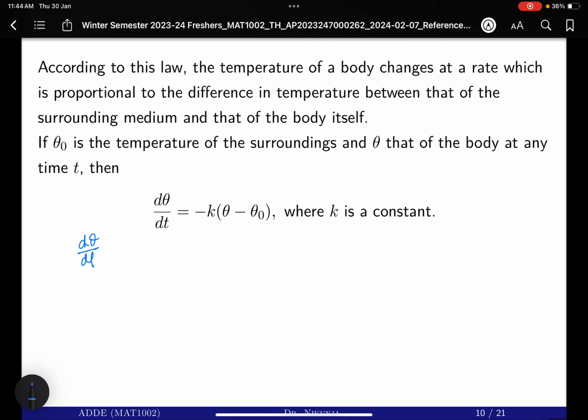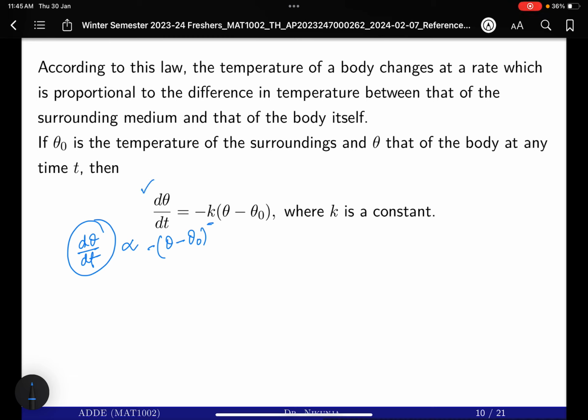That is, d theta dt, it is the rate of change. It is proportional to theta minus theta 0. Okay, and here, because the temperature is decreasing, in Newton's law of cooling the body is getting cooled down. Now see what you have, d theta dt, this is the rate of change which is decreasing, so that's why here you have minus. And k is the proportionality constant.